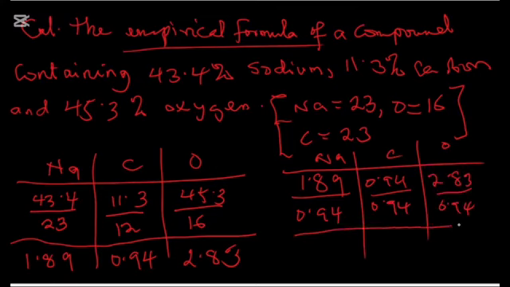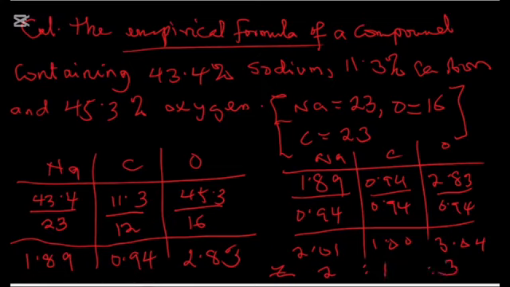This will give us 2.01, this will give us 1.00, and this will give us 3.04. So in the end, what we are getting here is 2:1:3.